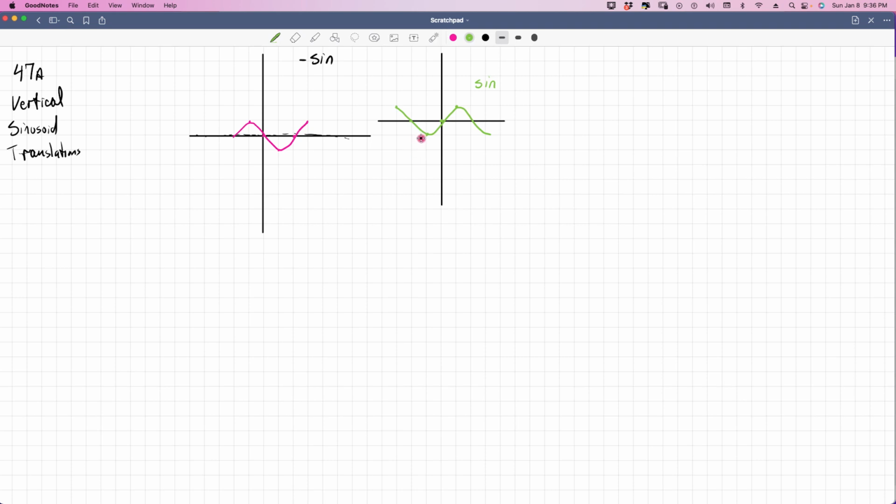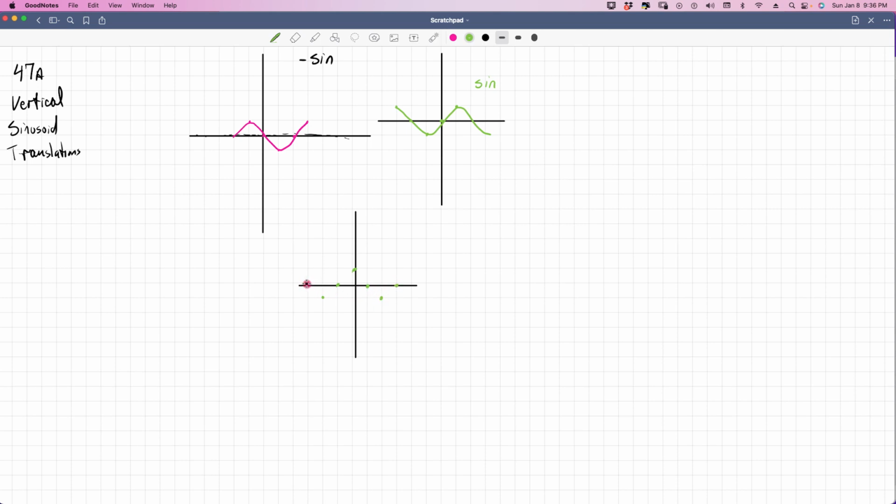Now we also have cosine sinusoids. Here is another little example, just a refresher. I'm going to do positive cosine first. So this would be here.